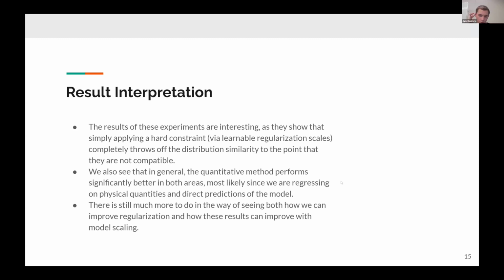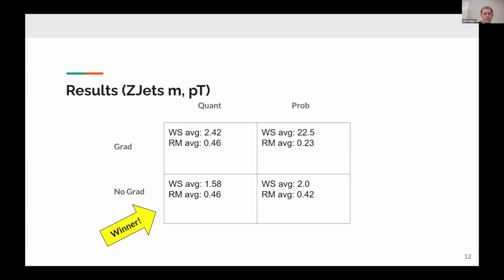Most likely, since we are regressing on physical quantities, the actual physical predictions of the model and not just conditional probabilities. So I think in general, these results are more or less expected. It is a little expected to see that grad, trying to enforce an event-wise loss in a density estimation model, more or less throws it off. But this is very interesting to see, and I'm very excited to see how far I can take these numbers.